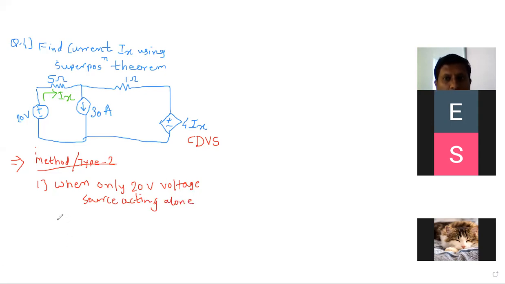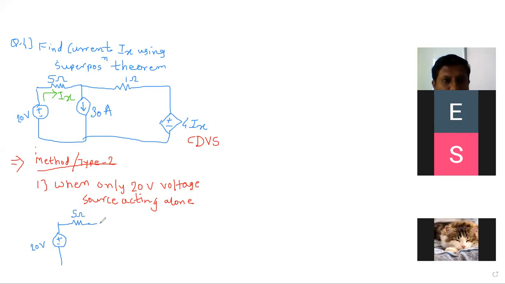Now I will draw the circuit diagram according to that. The 20 volt voltage source we can keep as it is. Next, the 5 ohm as it is.